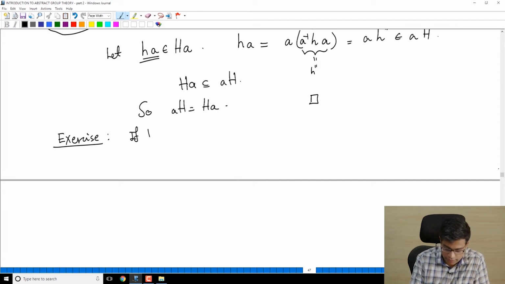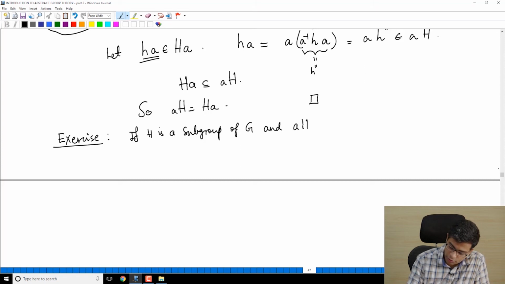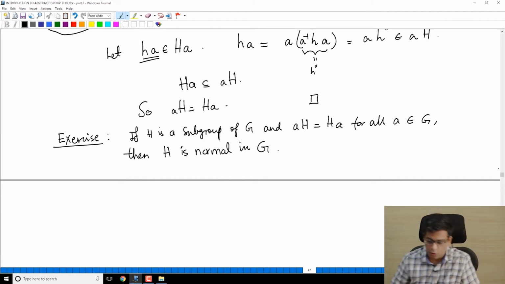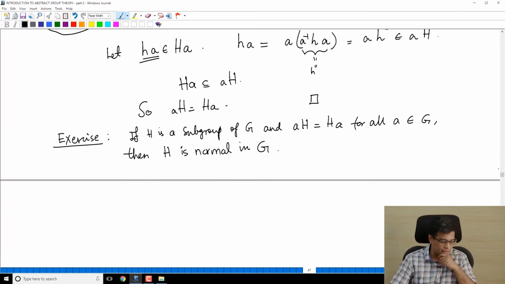If H is a subgroup of G and AH equals HA for all elements of the group, then H must be normal in G. So if this property holds for every element, then it is actually normal. We don't need that now, so I will leave it as an exercise for you, but you should do this.